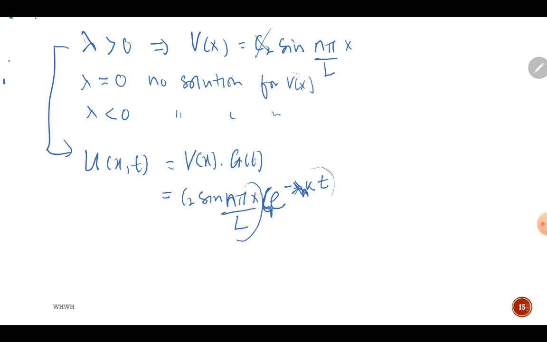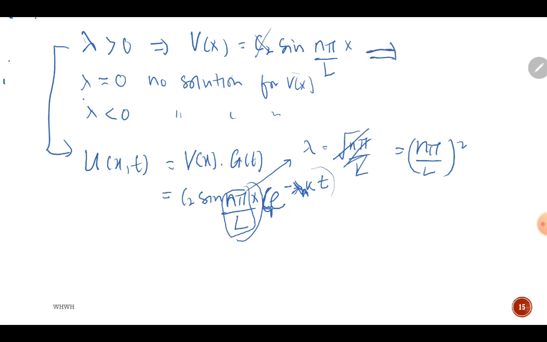Remember this one, n pi over L ni adalah kita punya lambda, kan? Sorry, lambda is not equal to n pi over L. Lambda is equal to n pi over L squared, kan?